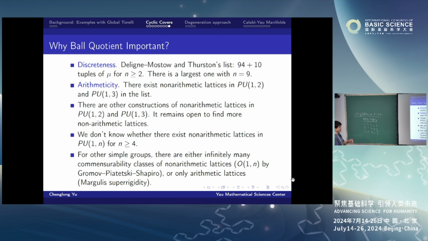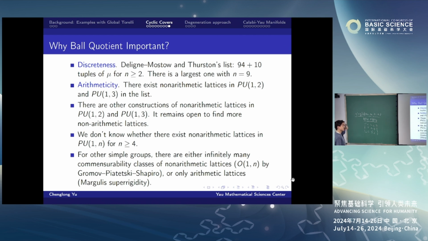I don't remember the exact number, but around 10. But there are also other constructions of non-arithmetic lattices in PU12 and PU13, continuing the work of Mostow, and it still remains open to find more non-arithmetic lattices acting on these complex hyperbolic ball quotients.